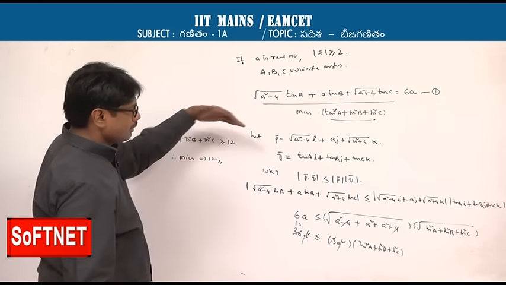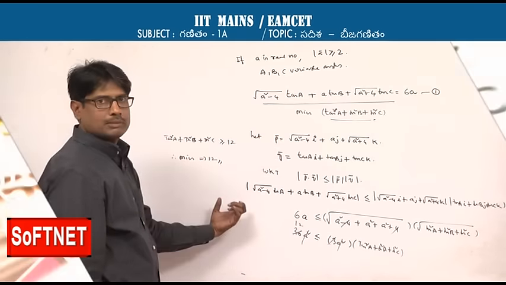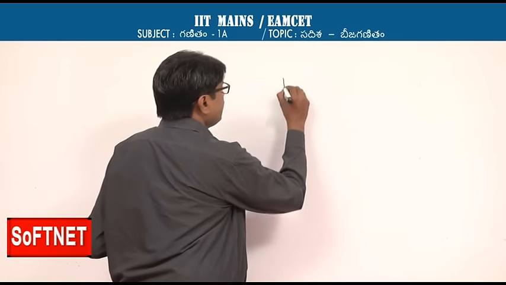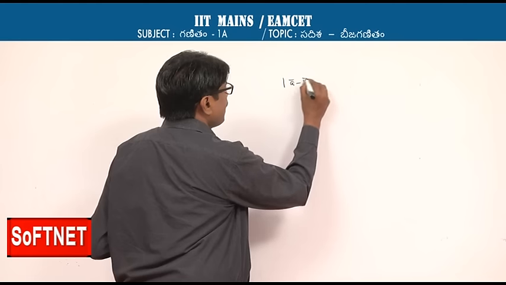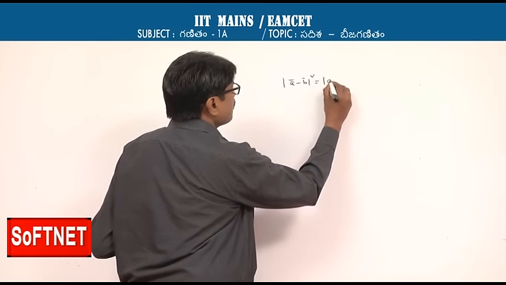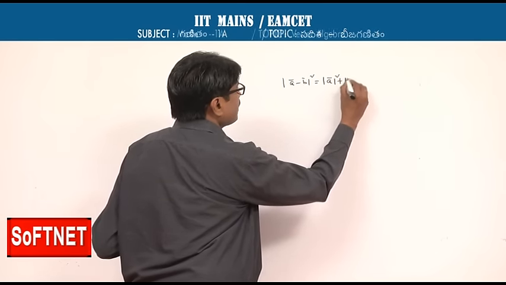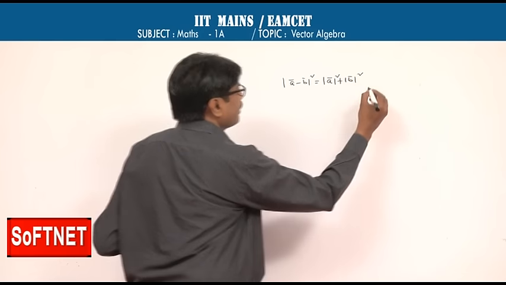అంటే ఇక్కడ డాట్ ప్రోడక్ట్ బేసిక్ మినిమం సంబంధించినటువంటి లెక్క. A bar, B bar are two vectors and they satisfy the relation magnitude of A bar minus B bar whole square is equal to magnitude of A bar square plus magnitude of B bar square.